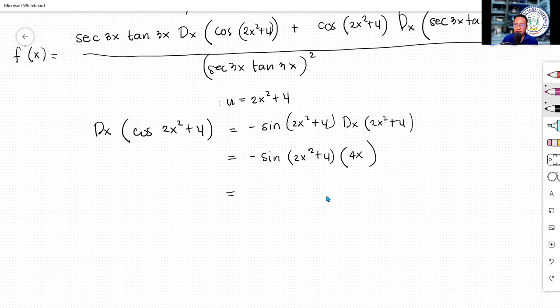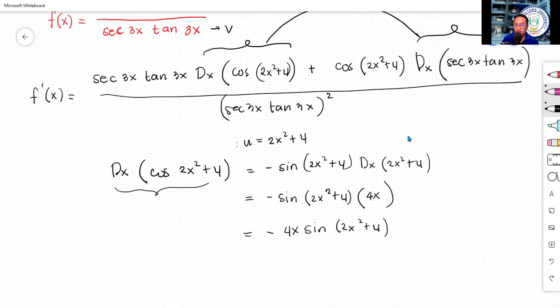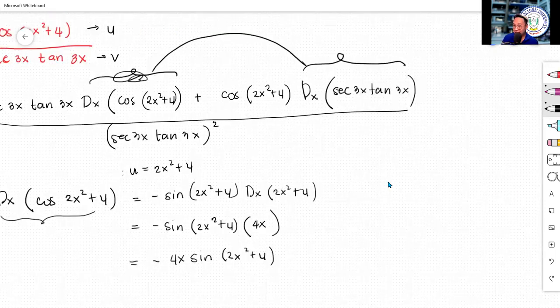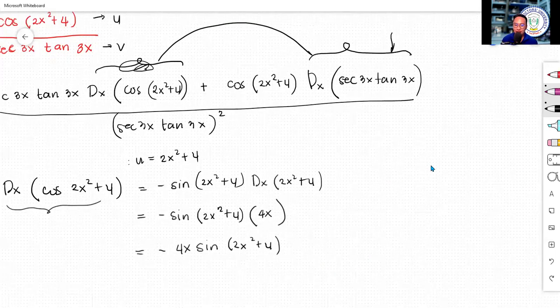So your final answer for this cosine 2x squared plus 4 is negative 4x sine 2x squared plus 4. Na naki-answer sa kaning form here. Ang imo na lang ko lang guys is kani. No? Sige, ato na isulat ha.